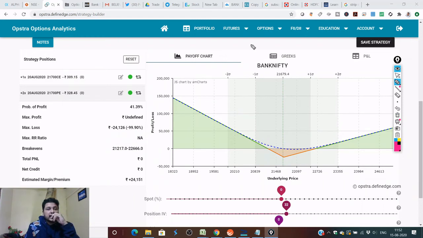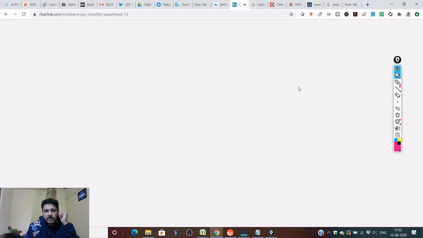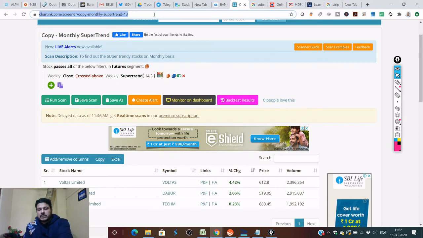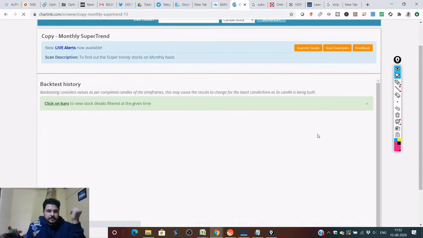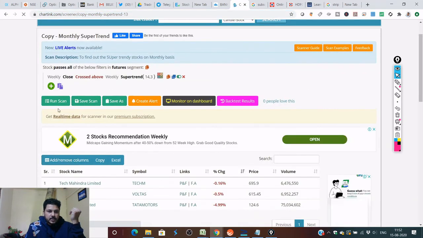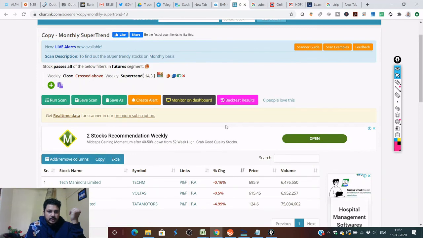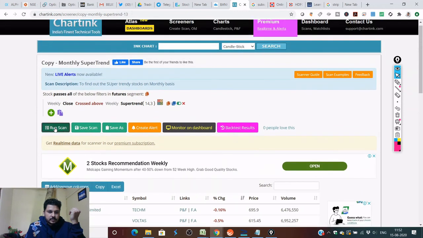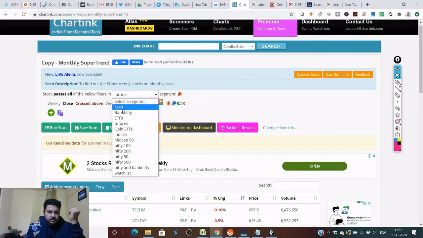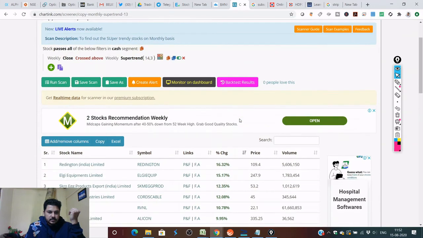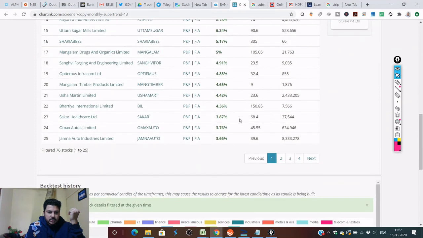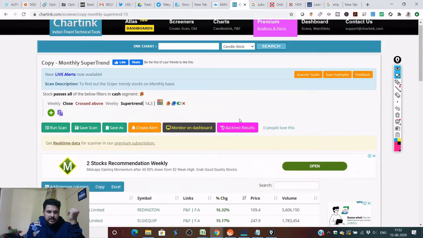Okay, so let's see if we can find some more stocks to add for this week. I will go to my scanner. My scanner is already open here. These are cash stocks, about 76.